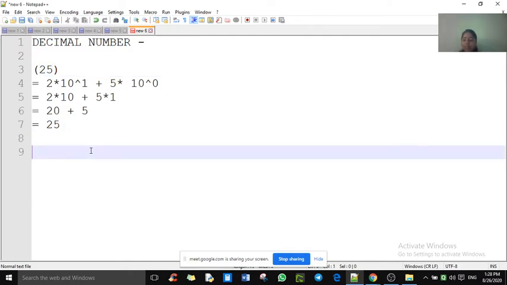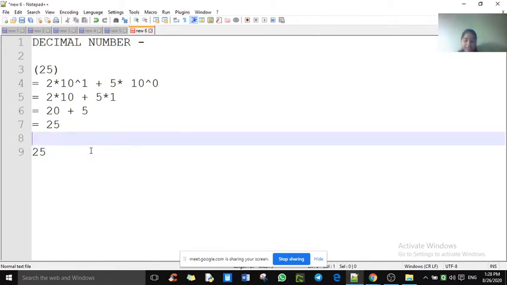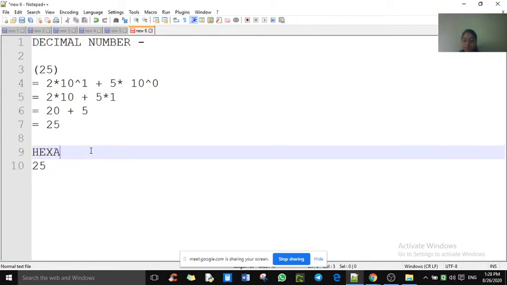Now, if this number is a hexadecimal number, it means its base is 16.